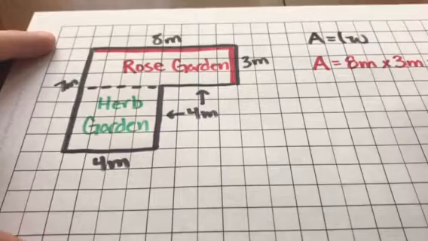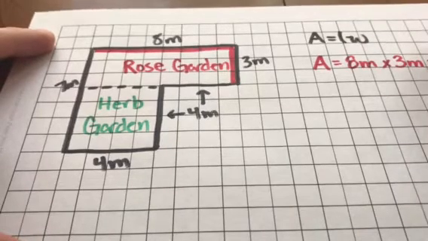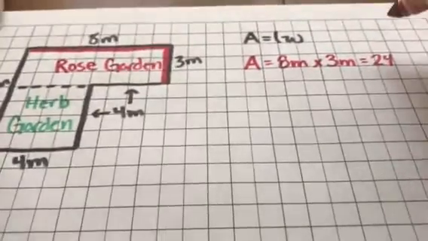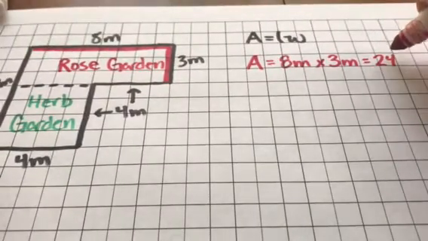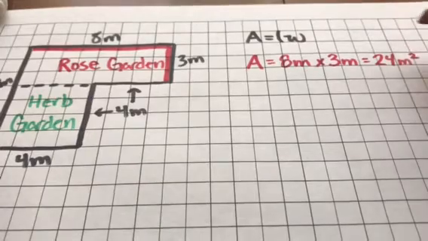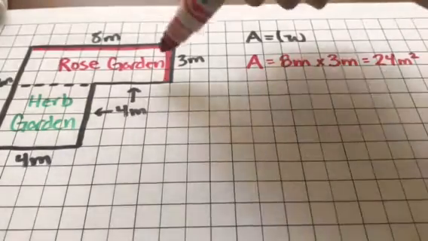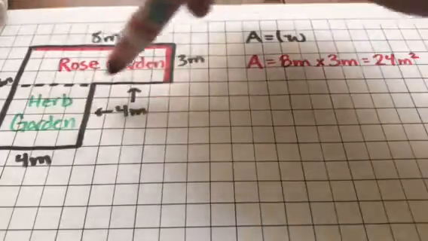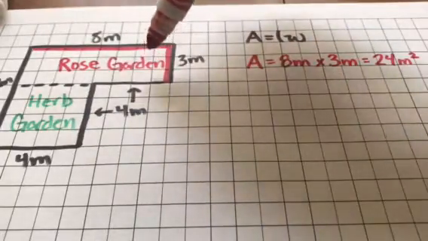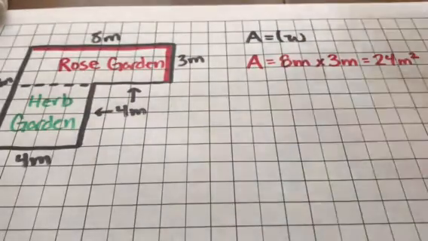And I know that 8 times 3 is 24. And don't forget your units, 24 meters squared, because it's area, it's representing all of these square meters that make up the inside of the rectangle.